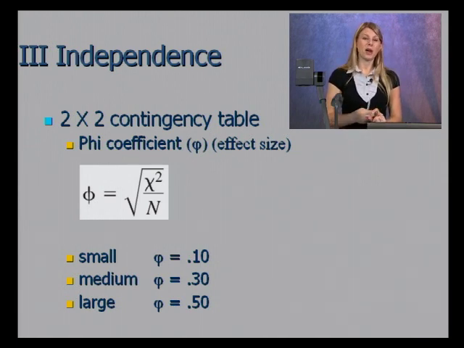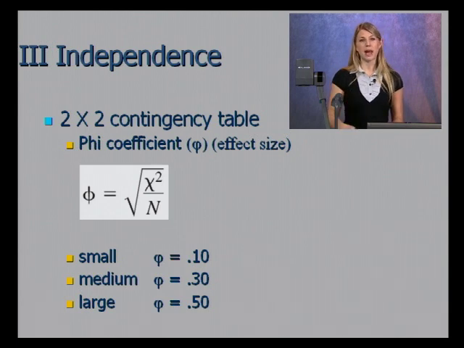If that's the type of test you're doing, then you would want to use phi as your effect size. And phi is very simple to calculate. You just take the square root of your chi-square test statistic divided by n, and that's your phi. A small phi is 0.10, medium is 0.30, and large is 0.50 or larger.